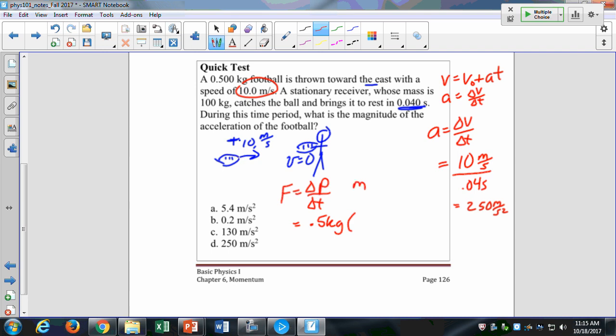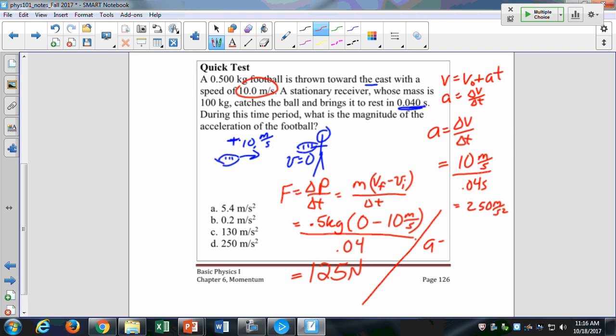So this is m(vf minus vi) divided by delta t. vf is 0 minus vi, which is 10, divided by t, which is 0.04, and you're going to get 125 newtons. So 125 newtons is the force acting on this object.